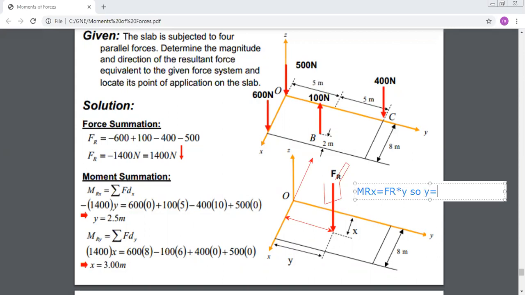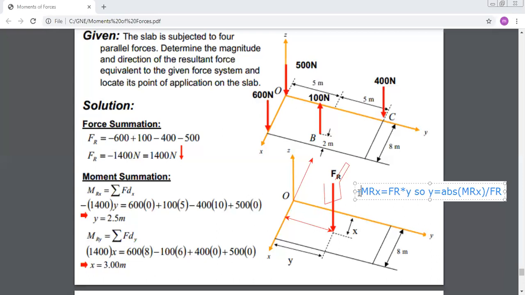So y should be equal to MRX, of course, in absolute value, over the force Fr. Since MRX is negative, you will put minus MRX equal to Fr times y.